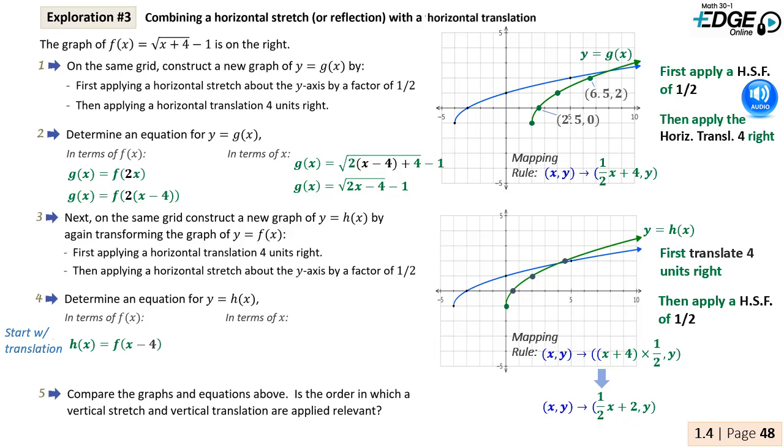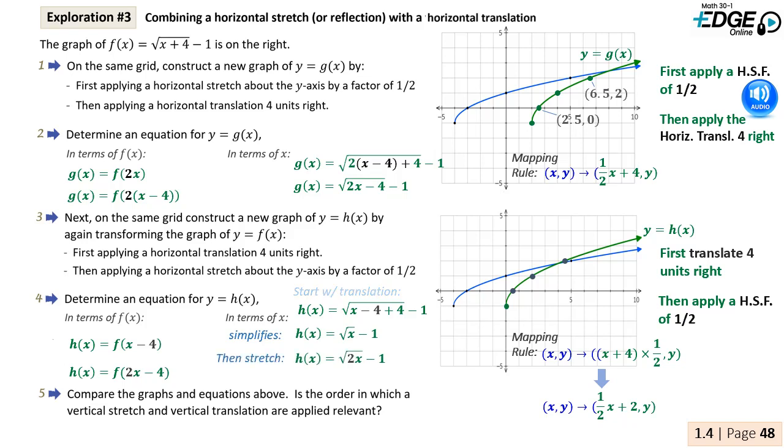To determine the equation for h of x, we will first replace x with x minus 4. Then we will replace x with 2x to represent the horizontal stretch by 1/2. Similarly, in the equation in terms of x, we will first replace x with x minus 4, which we can simplify to give us h of x equals square root of x minus 1.